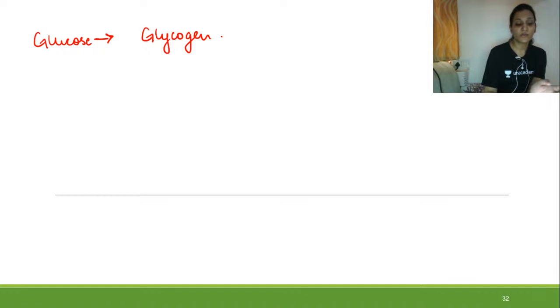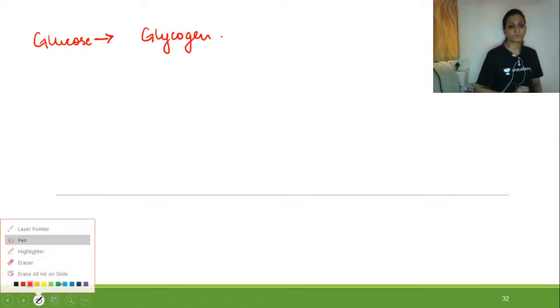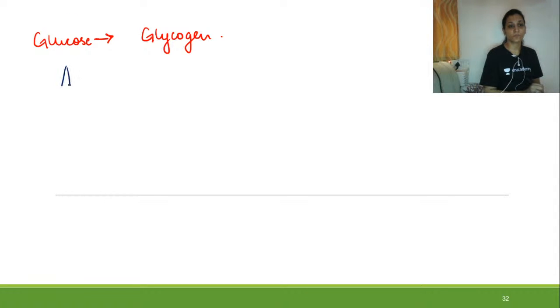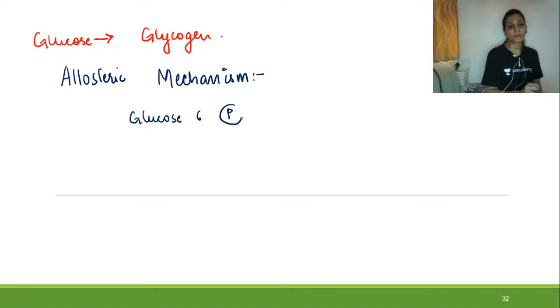Now moving a little further, what is the allosteric mechanism? So what will happen in the allosteric mechanism? The glucose 6 phosphate will further lead into glycogenesis.